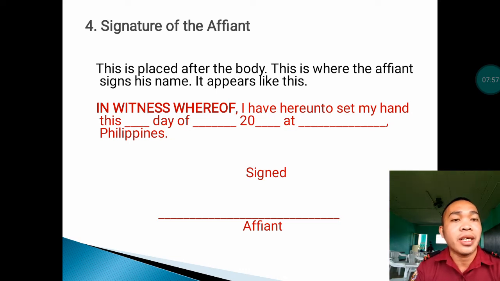It appears like this: In witness whereof I have hereunto set my hand this, the day the affidavit was sworn, month and year, at the place within his jurisdiction. Signed by affiant. The affiant is the arresting officer or the witness. That is the signature of affiant part.